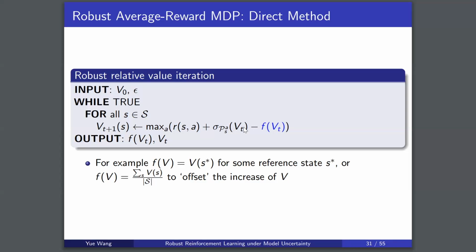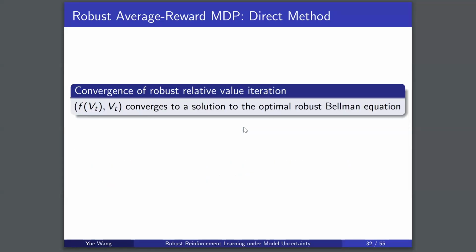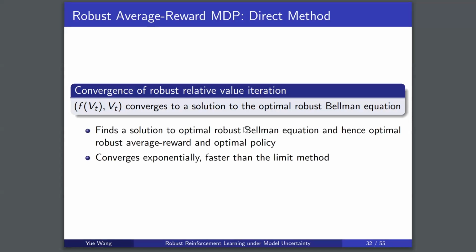As you can see, the difference here is that we offset a function f(v), which is the offset function to offset the increase of v to keep the algorithm stable. We further showed that our robust relative value iteration algorithm converges to a solution to the Bellman equation, and hence it can find the optimal policy and optimal value function, and solve the problem.